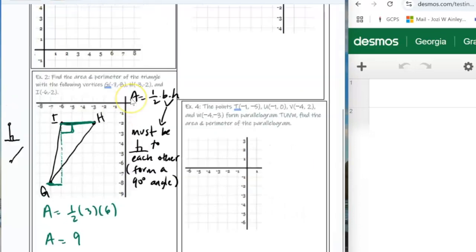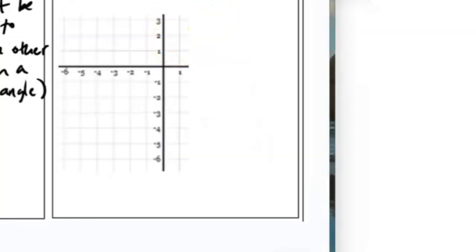I'm now going to find the area of a parallelogram, and then I'll come back and find the perimeter in just a little bit. Here are my points again. T is -1, -5: -1 in x, -5 in y. This is point T. Then U is -1, 0: -1 in x, and don't move in the y direction.